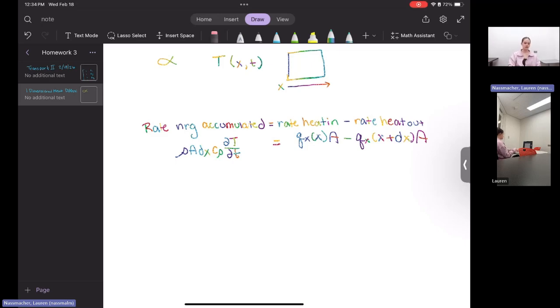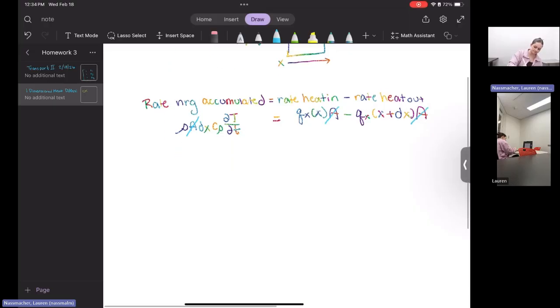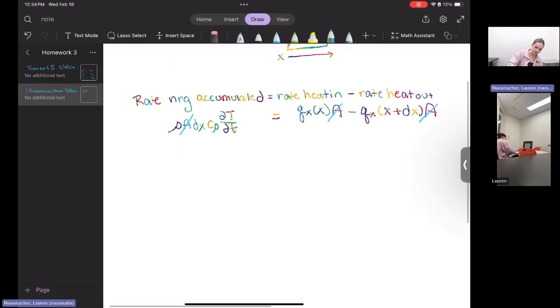Looking at these two equations, we can first start out by canceling out the areas and rewriting the equation as density, heat capacity, rate of temperature. There we go.